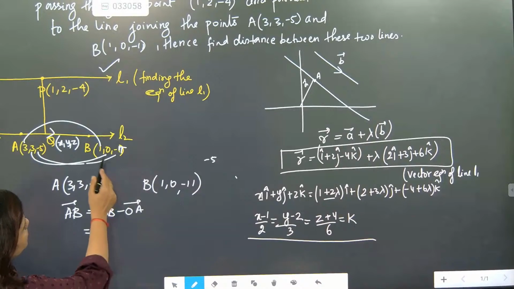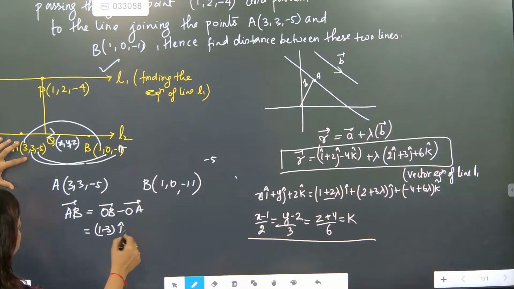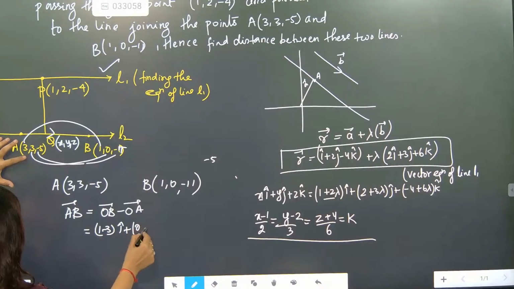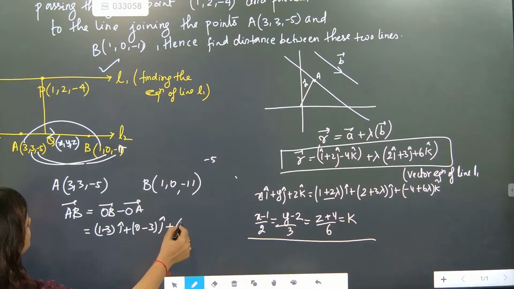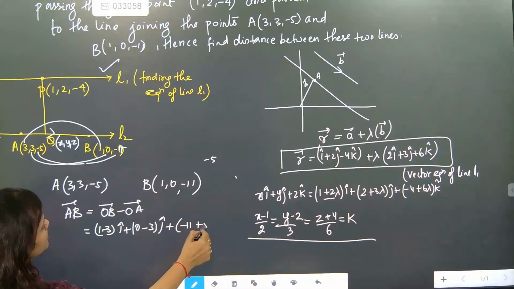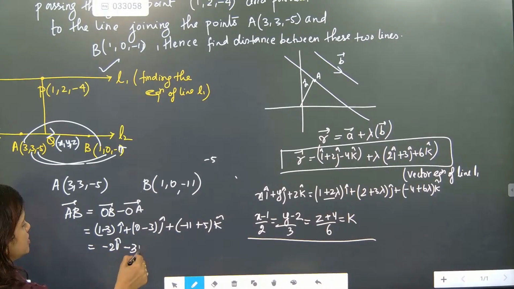OB is coming as what? So 1 minus 3 I kept, now check, plus 0 minus 3 j cap plus minus 11 plus 5 k cap. Parallel support minus 2i minus 3j and minus 6k.